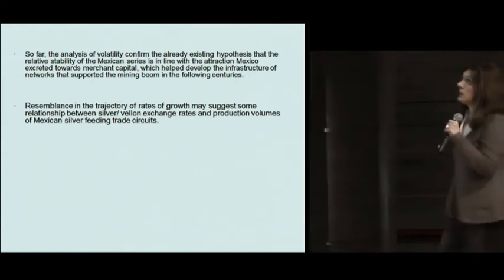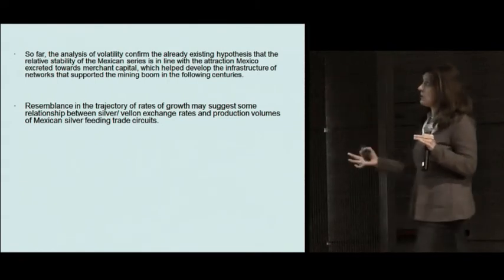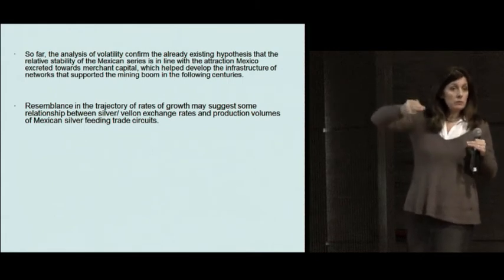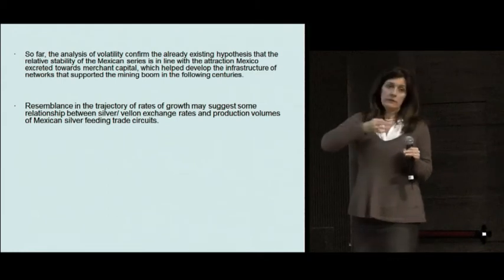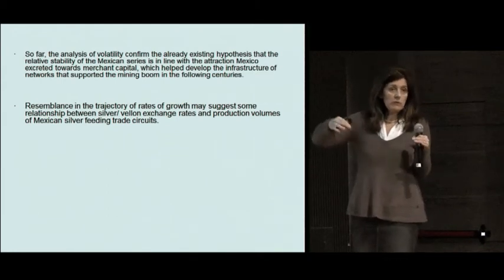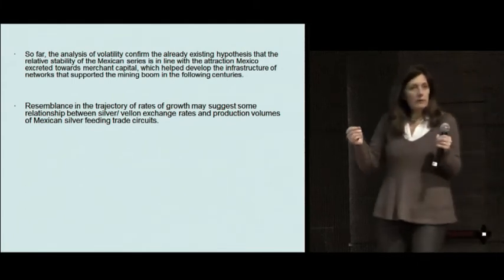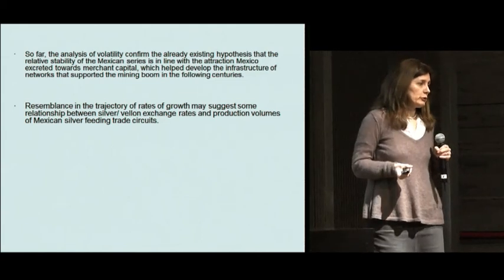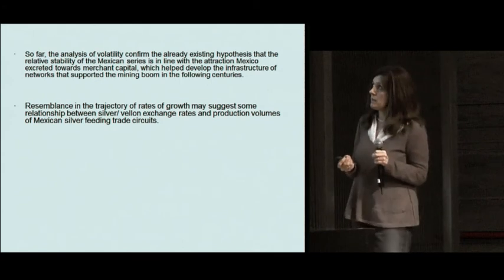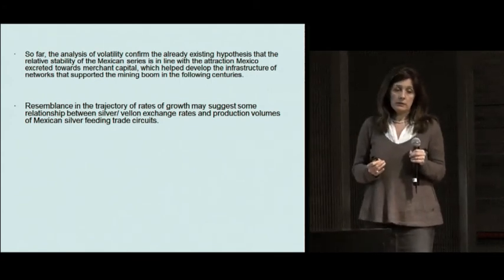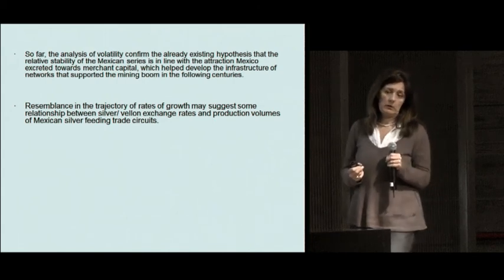And the second part is that there is a certain resemblance in the trajectory of the growth rate between the Mexican silver production and the silver-copper exchange rate throughout the 17th century, which might point towards a relationship between those two variables, right? This is the first step, and I hope to be able to have more conclusive results in the future. Okay, thanks very much.